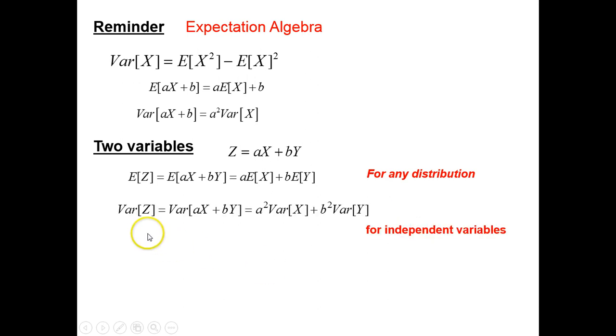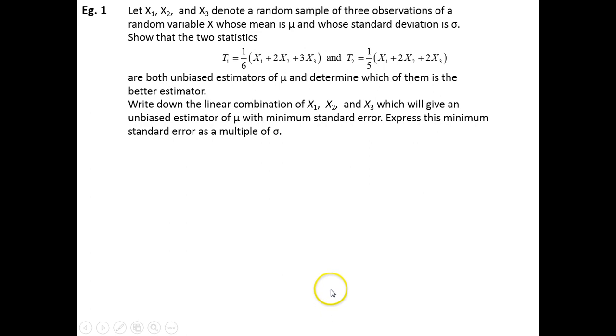But for the variance, x and y need to be independent variables. So the variance would be, I square the coefficient, so a squared times the variance of x plus b squared times the variance of y. And that's been done before. So let's see if we can use that information.